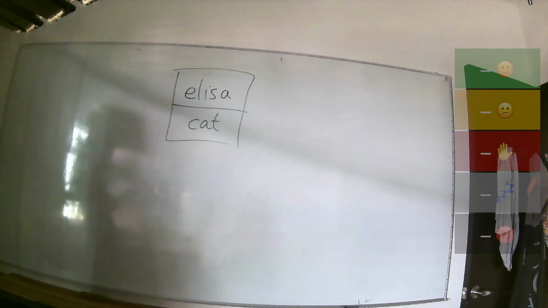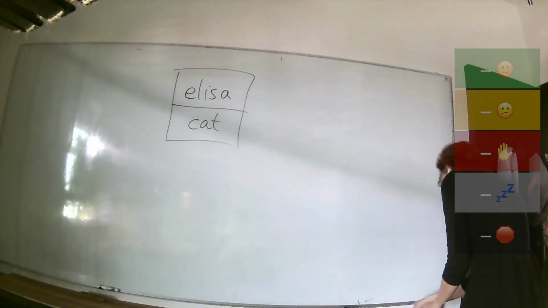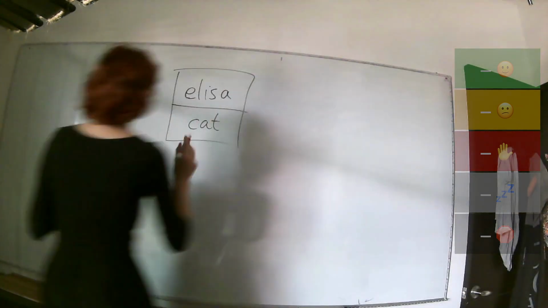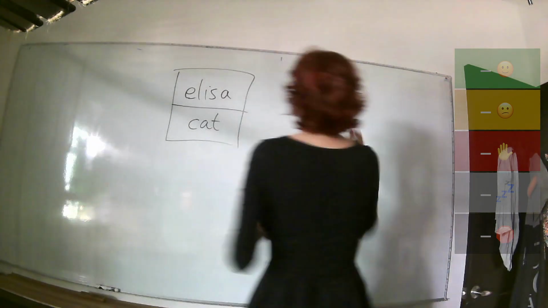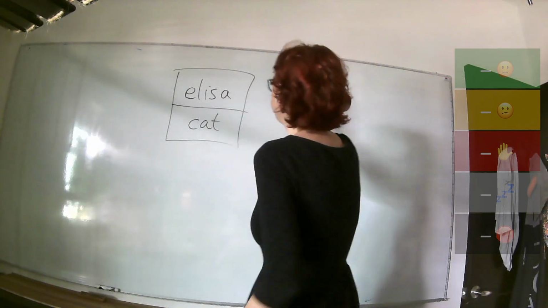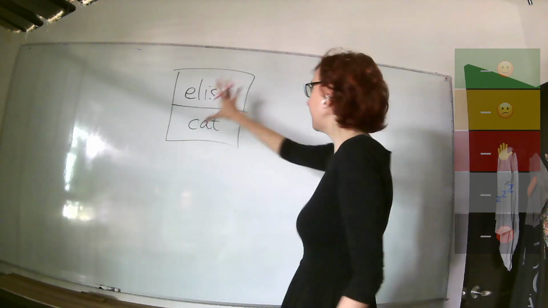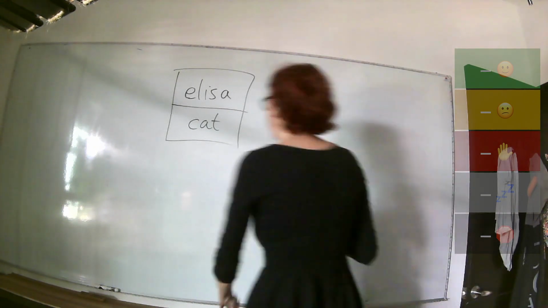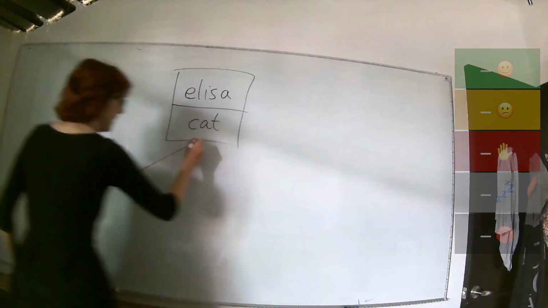Now, another person shows up. This person wants to create an account. He wants to make his username Matt. So we're going to check with this node, and this node says Elisa. Elisa isn't the same as Matt, so we're fine. We can add Matt. But the problem is that the users are only supposed to be in the leaf nodes. So what I'm actually going to do is I am going to make this one a router node.